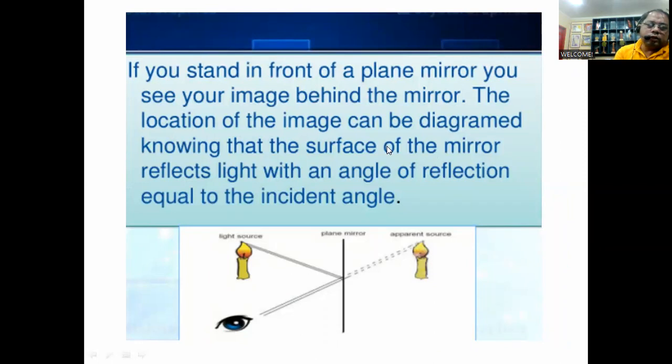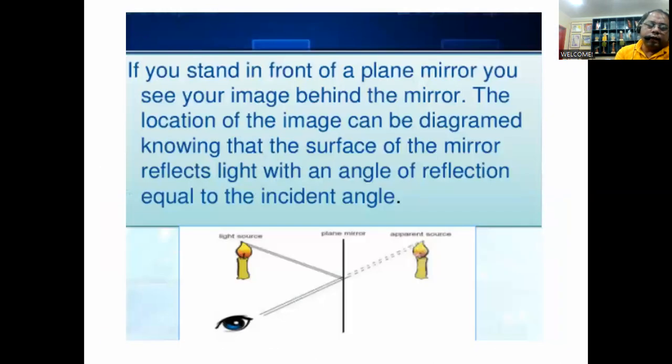Now, how are images created in a plane mirror? So one is that there must be some amount of light. So from this candle, that candle is a source of light. So some light is incident, or there's an incident ray that strikes this plane mirror.